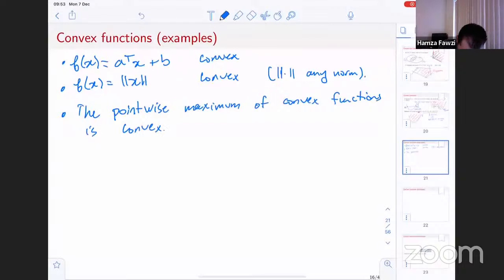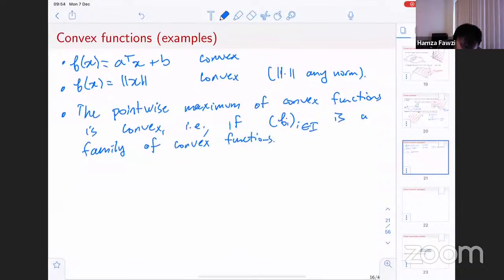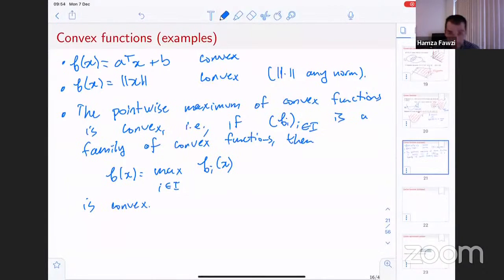What this means is, if f_i is a family of convex functions, then the function f of x, which is the max over all i in I of f_i of x, is convex. Proving this statement is again very easy, so I won't do it.